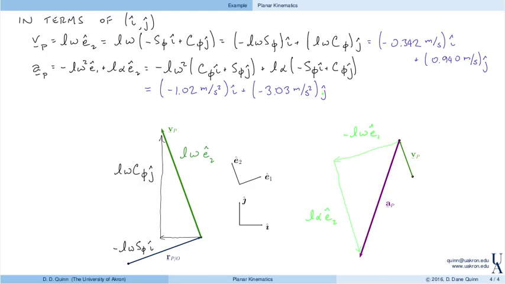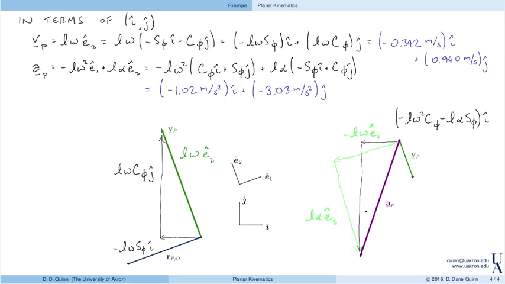But this expression in the I and J direction, well, it's exactly like before. So it's just the component in the I direction and the component in the J direction of this purple vector. This piece in the I direction is minus L omega squared cosine of phi minus L alpha sine of phi in the I direction.